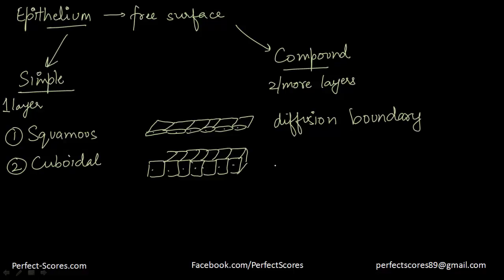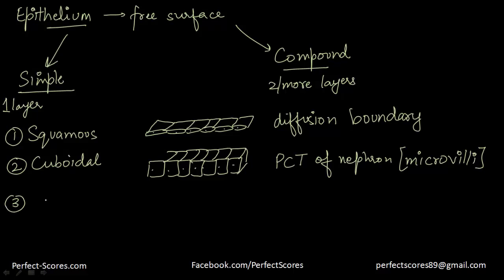This kind of epithelium is also found in the PCT of the nephron, which is the proximal convoluted tubule in the nephron. It also has structures for absorption that are known as microvilli. So that is about the cuboidal epithelium.